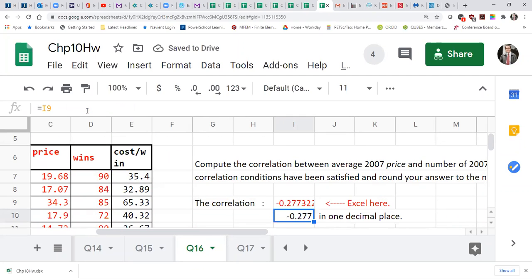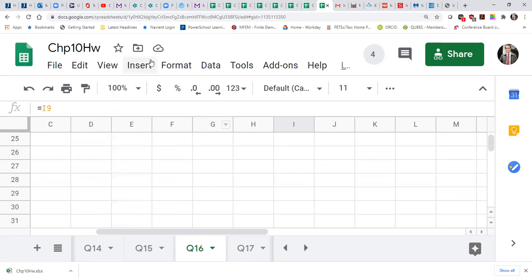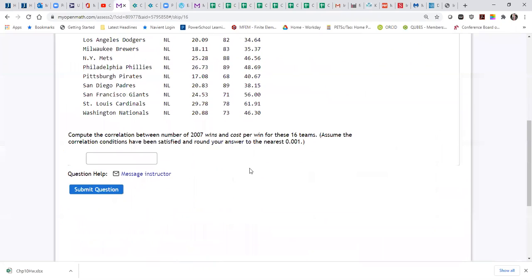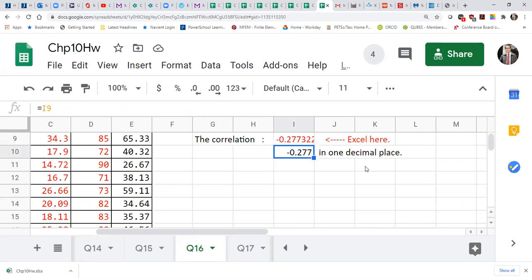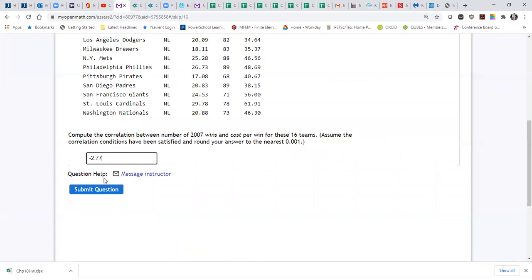So negative 0.277. Sorry, negative 0.277.